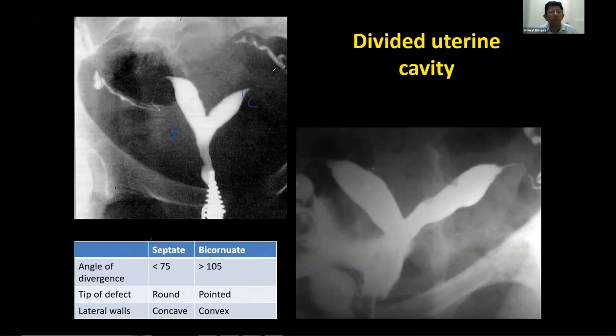It will go more in favor of a septum. And if it is a wide angle with wide horns, it would go in favor of a bicornuate uterus. So the first HSG we can see over here is a septate uterus, and this is a bicornuate uterus. Okay, so that is what it is.